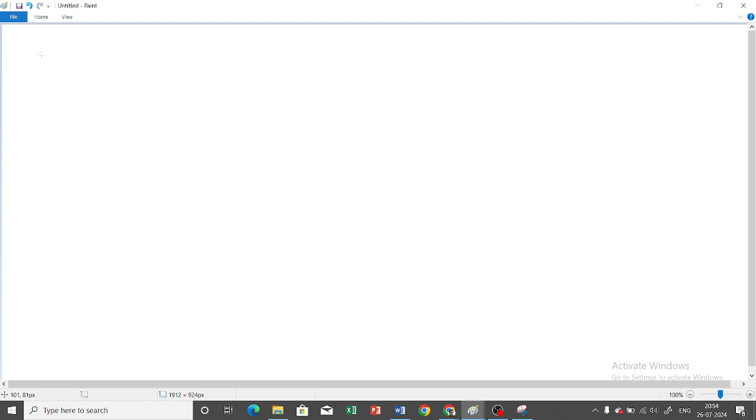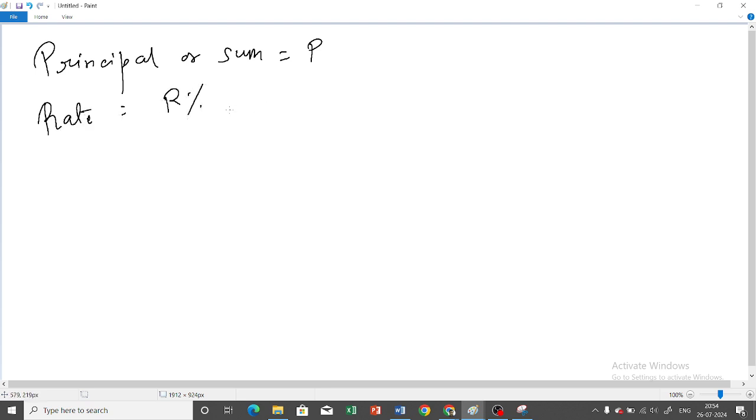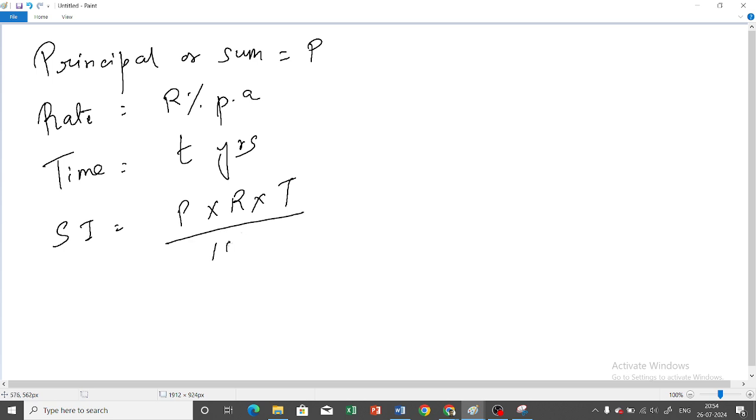So if you have deposited a principal, also called the sum of money, P, the rate is R% per annum, and the time is T years, what is the simple interest? PRT by 100.